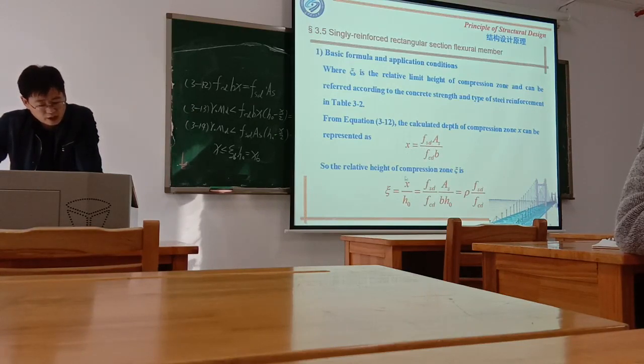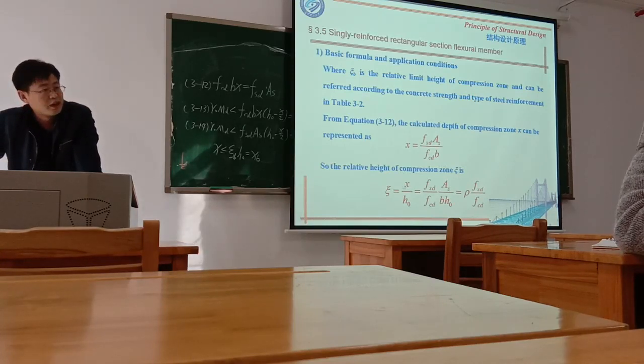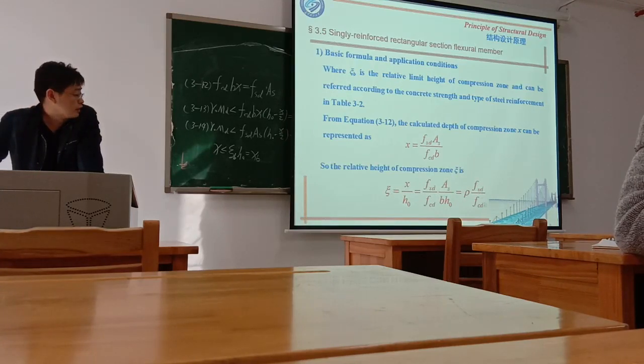So the relative height of the compression zone ξ is x divided by h0, and finally we get ξ equal to rho times fsd divided by fcd.